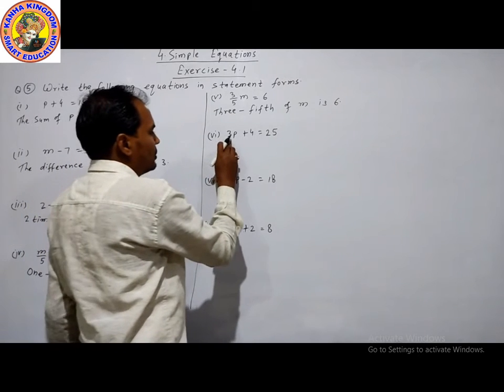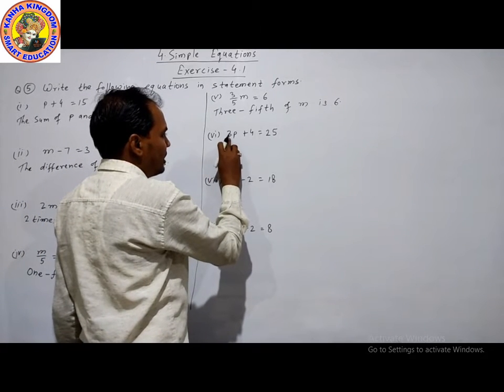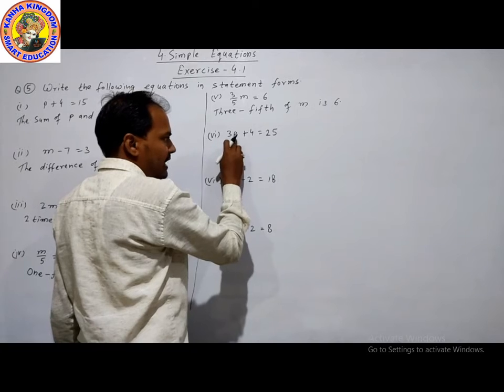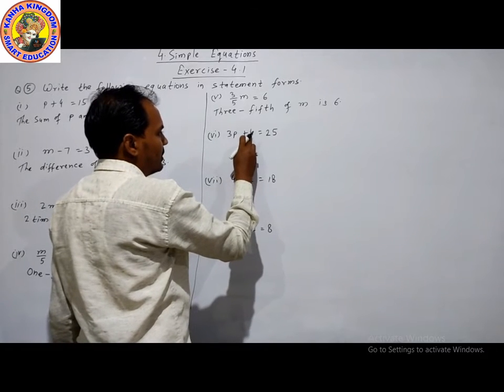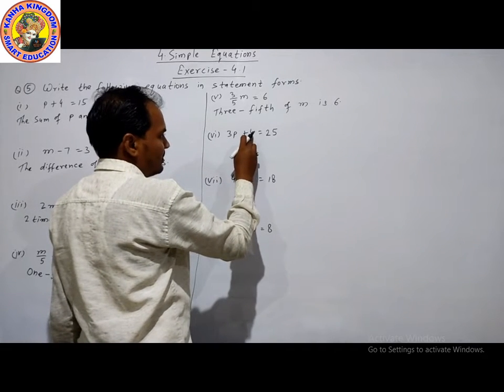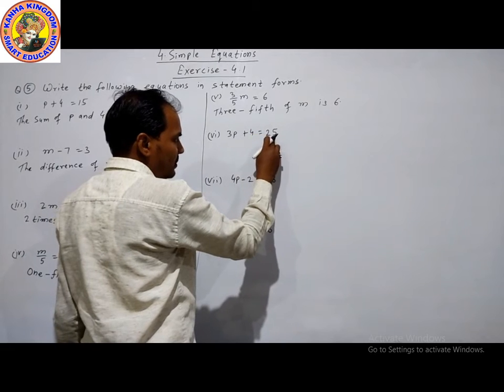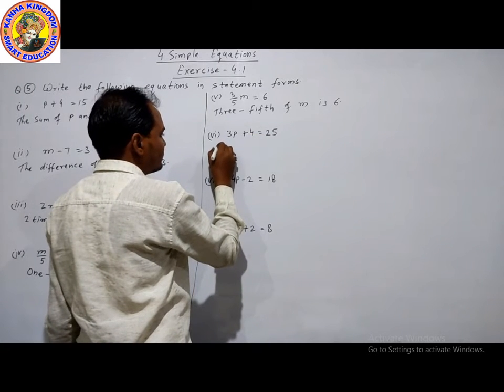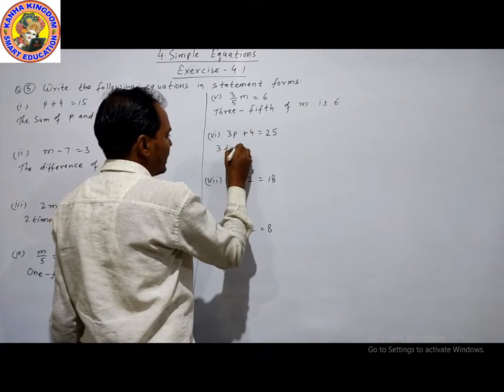Now 3 multiply p, 3 times p, 3 times p plus 4 is equal to 25.